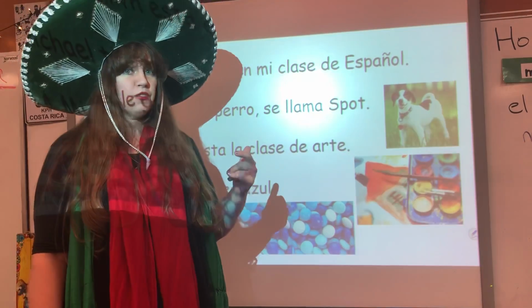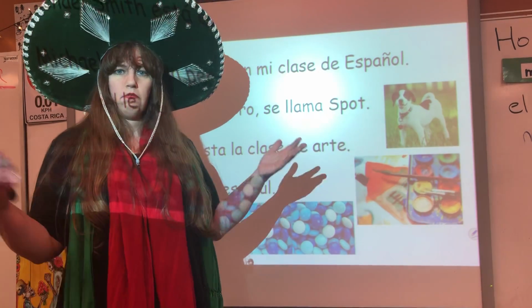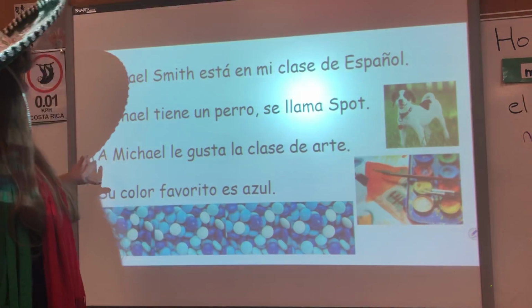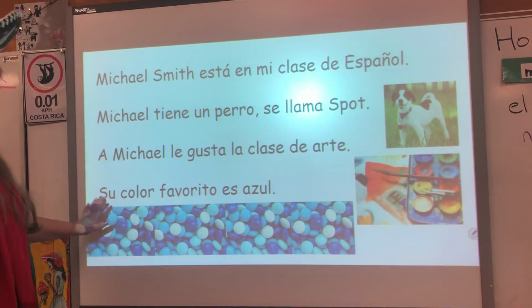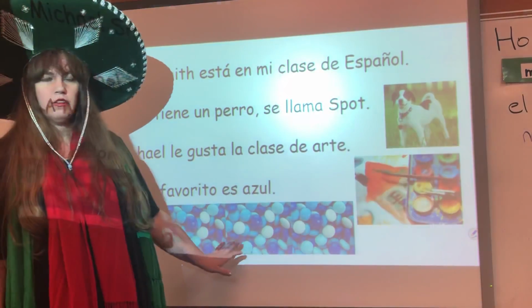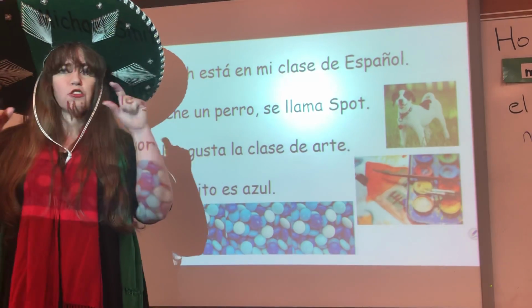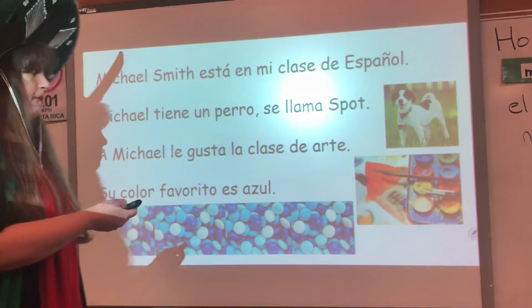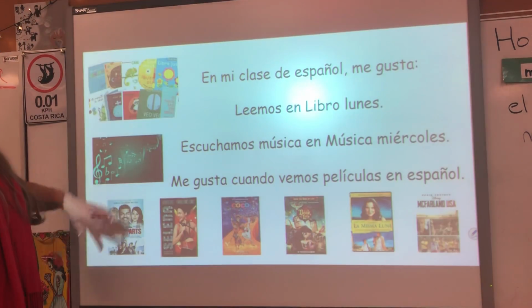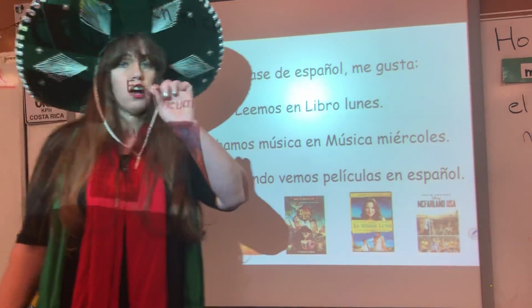A mí me gustan mucho los perros. Yo también tengo uno, right? A lot more. Okay. A Michael le gusta la clase de arte. Su color favorito es azul. So this takes the information from the questions we did in class and puts them forth in a paper version. Another example, so you can talk about the people.